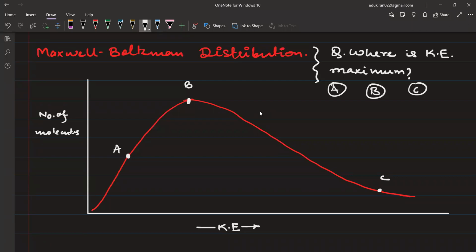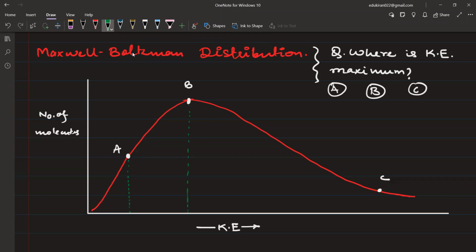See, when they have asked where the kinetic energy is maximum, is kinetic energy on some of the axes? Astha, tell me, kinetic energy is on which axis? X-axis. Okay. That means A will correspond to this kinetic energy.